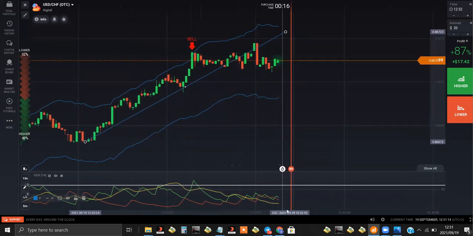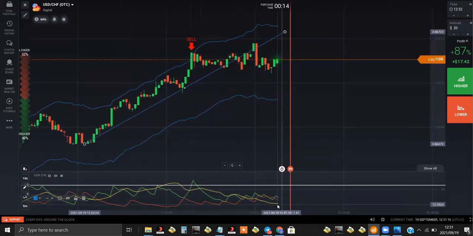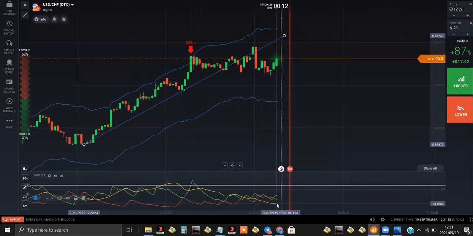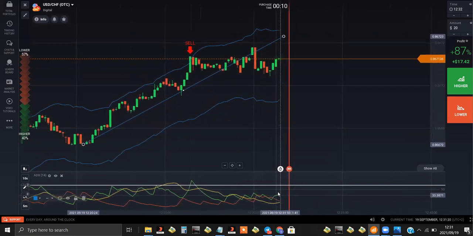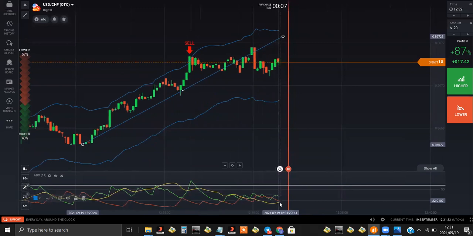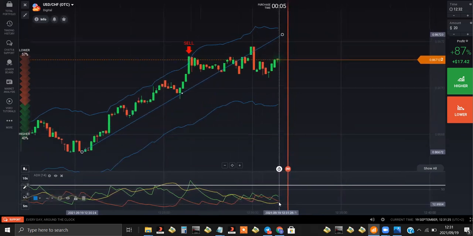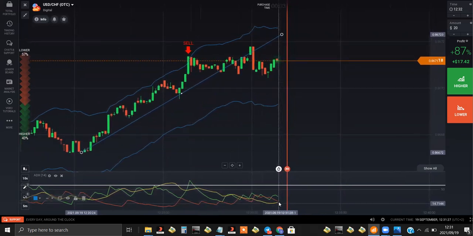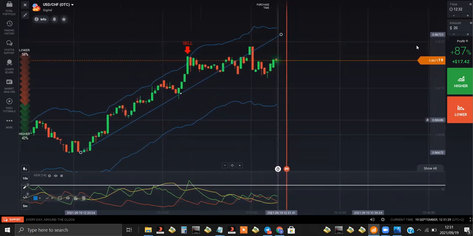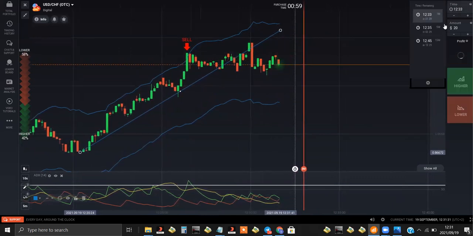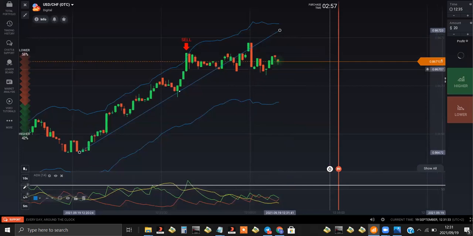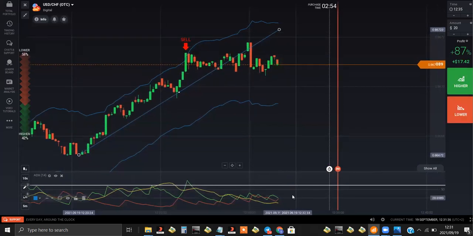Okay, as you can see now, the ADX is below both my green and red, and the green is going up. The red is coming towards this line here. So as soon as these two cross, I'm going to execute a sell trade. Okay, they did not cross.